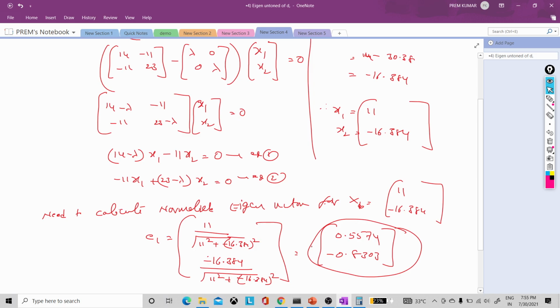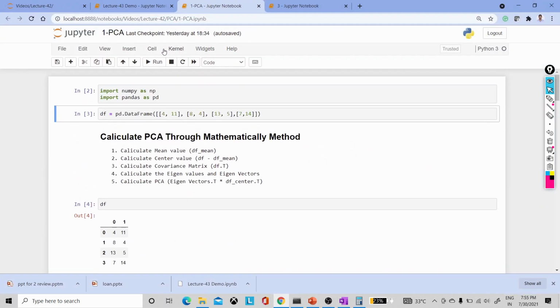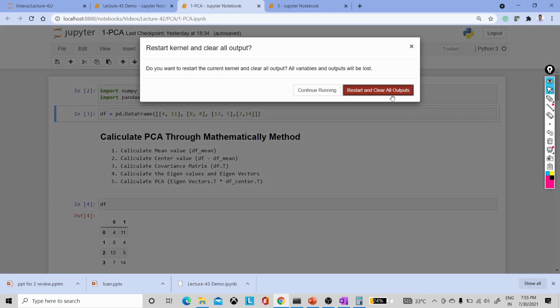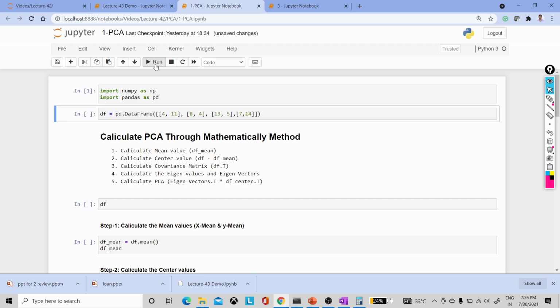So now let's see in programming how it will be calculated. First I am importing the required libraries, numpy and pandas. I am taking the x values and creating the data frame: 4, 11, 8, 4, 13, 5, 7, 4.